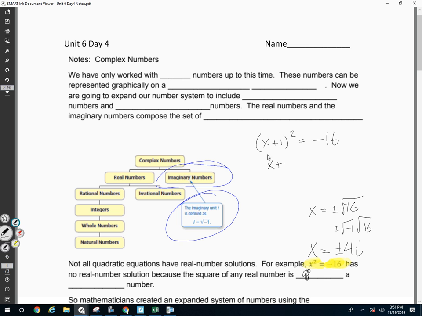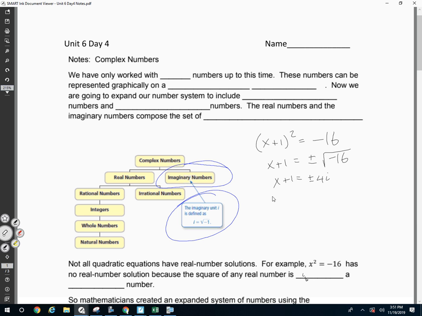I'd get x plus 1 equals, we know we need a plus or minus, square root of negative 16. But this is not 4, it's not negative 4. This is 4i. And all of a sudden, I have something that has an i attached to it, and then I need to get this 1 onto the other side.